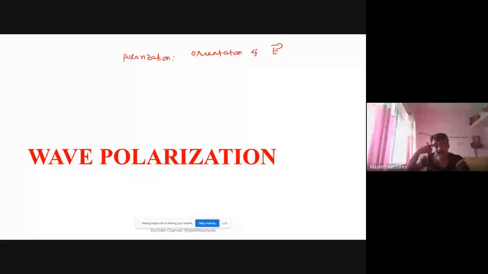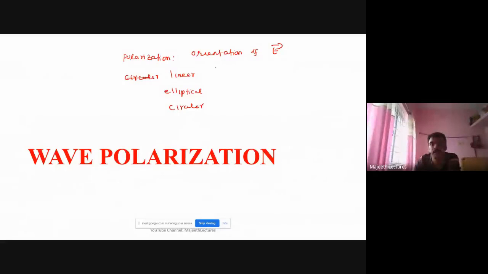So we have three types of polarization: first linear, then elliptical, and circular. Right. These are the three types of polarization we must know.